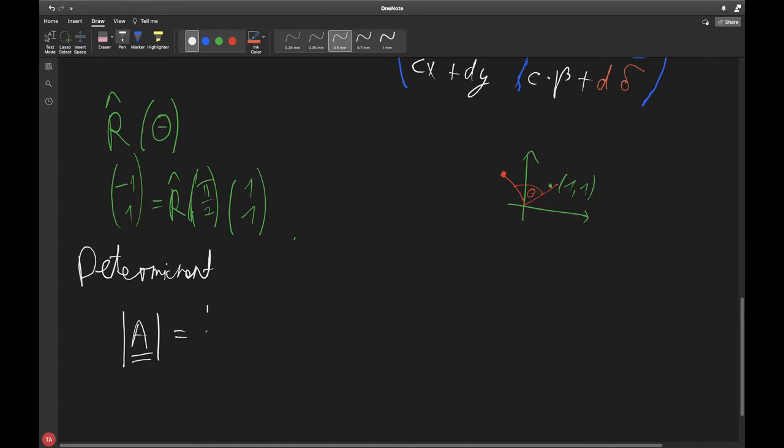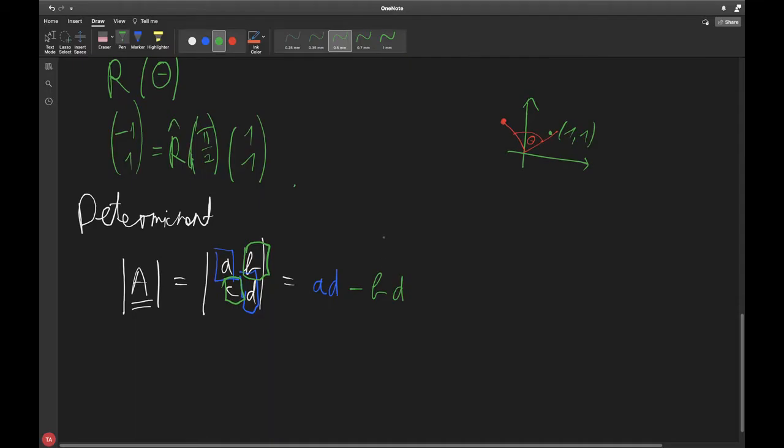I can also say that this is the determinant of A, B, C, D. And the way to calculate the determinant is to multiply these two with each other. So it's A, D, and subtract the other two from each other, minus B, C.